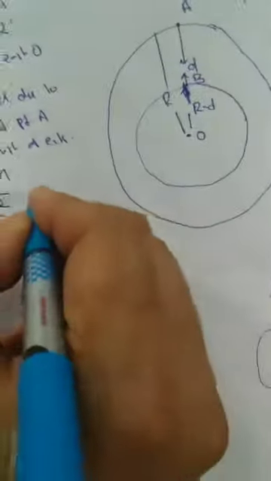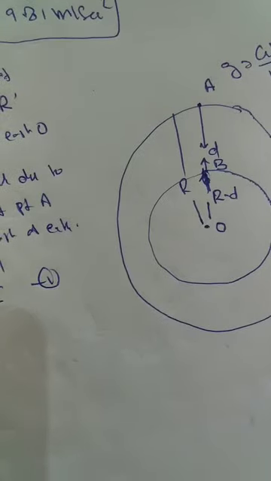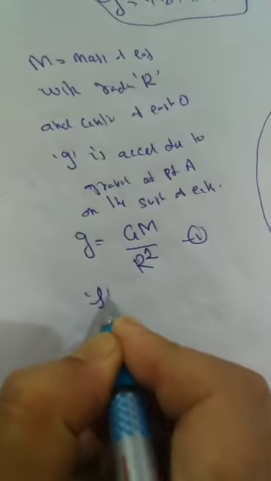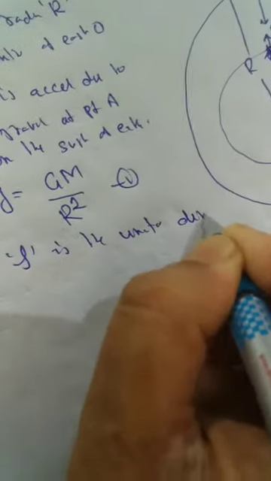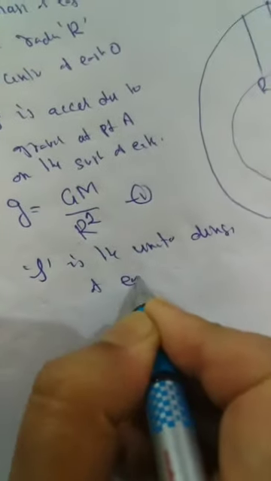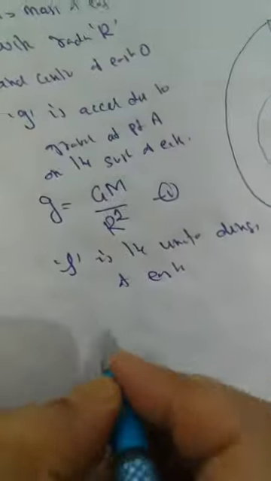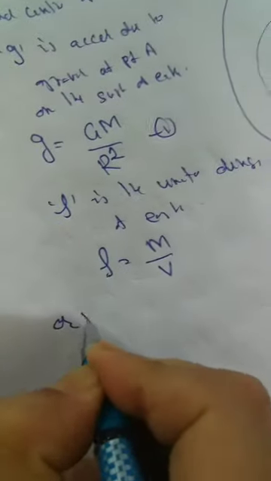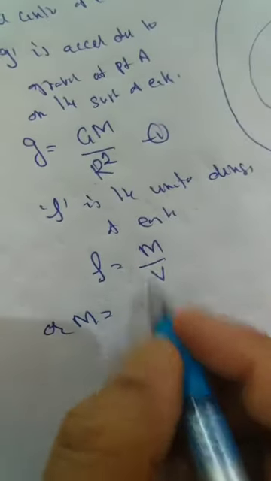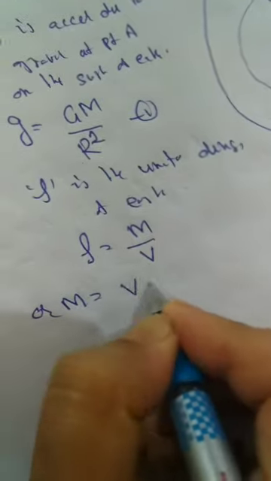Suppose rho is the uniform density of the earth. Then density is equal to mass divided by volume, and mass becomes volume into rho.